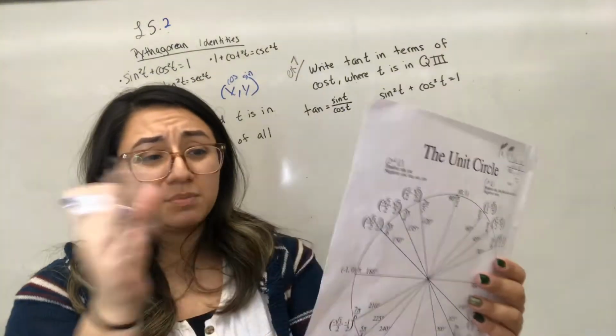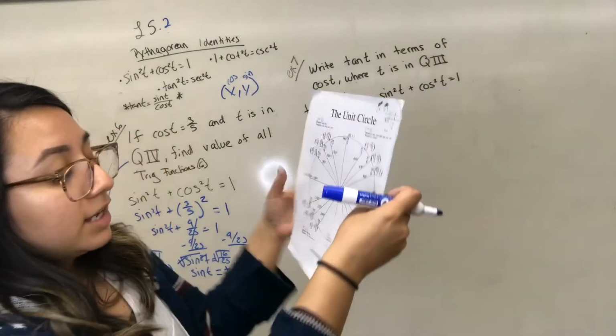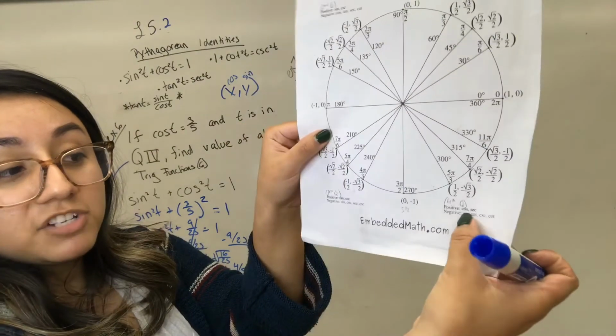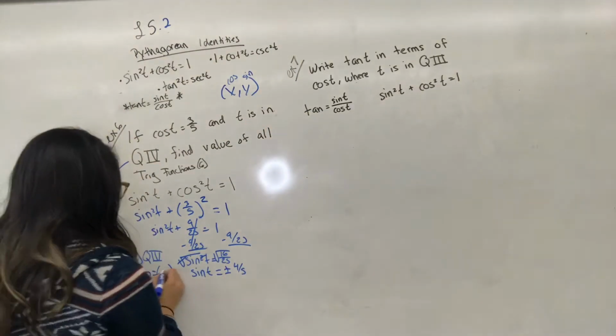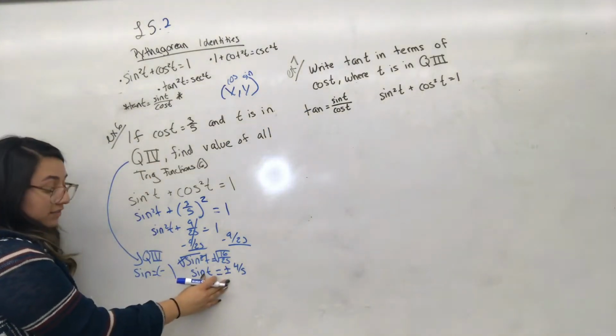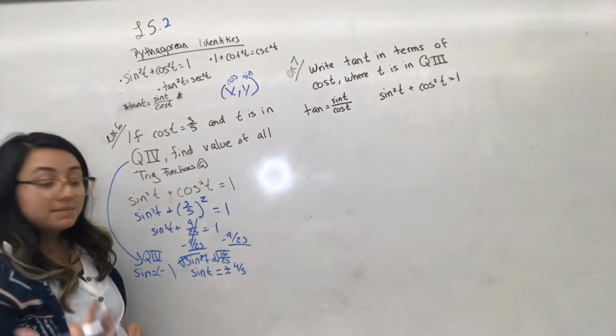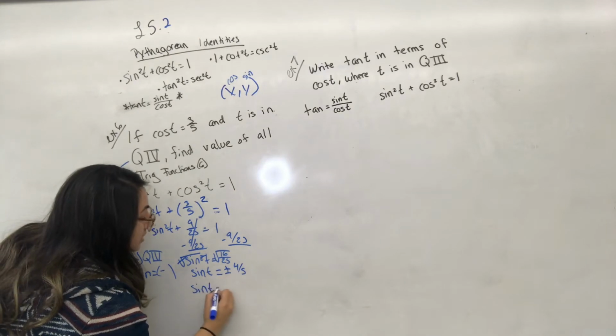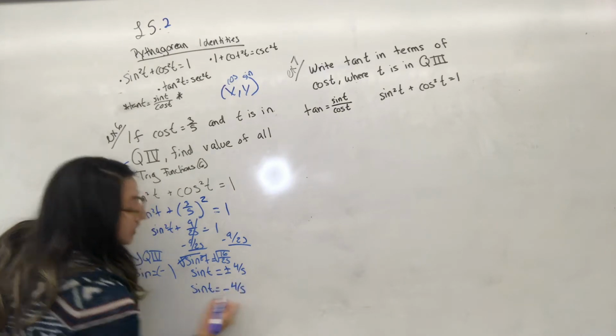Your book has it too, like a brief picture. According to this, in quadrant 4, sine is negative. So it could be positive or negative 4/5. That's 2 answers, but we only want one answer, and that is negative 4/5.